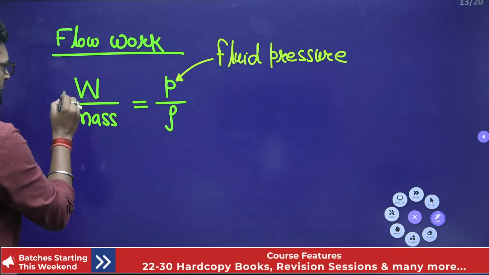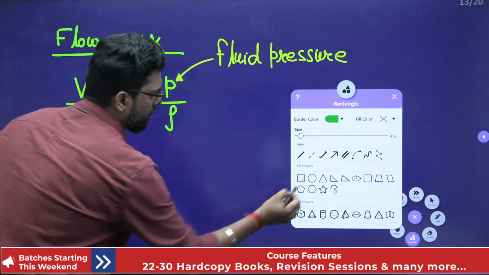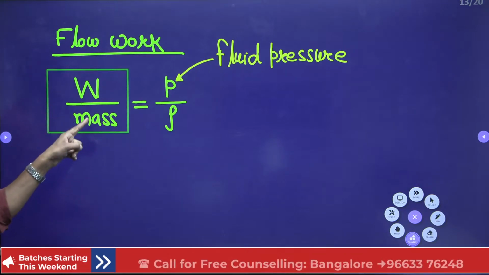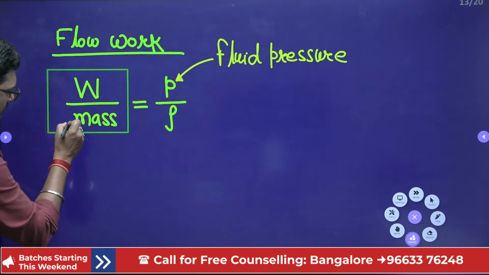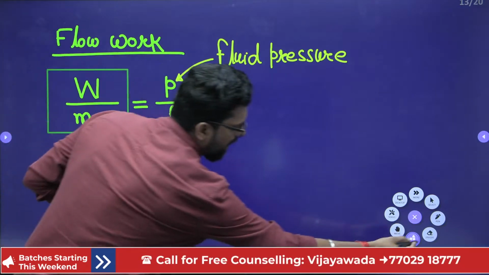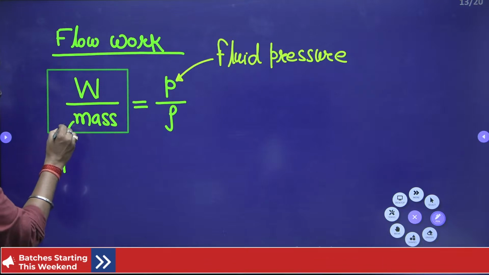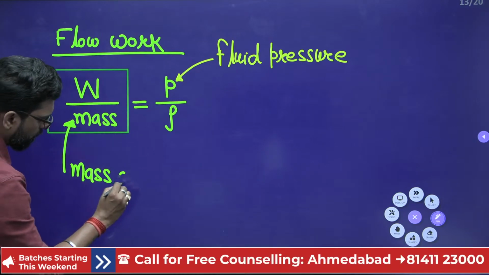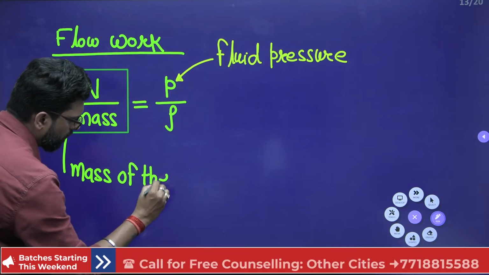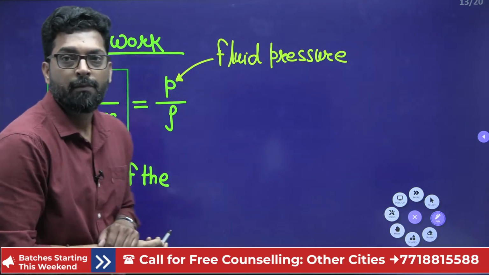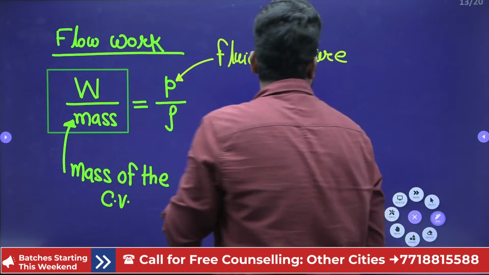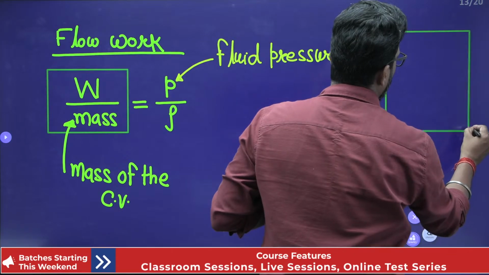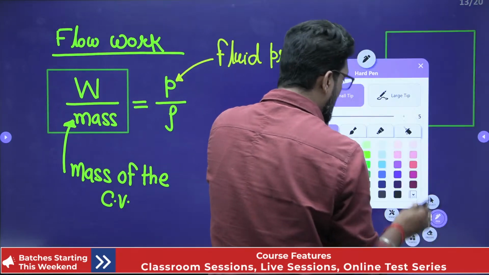And this is your flow work per unit mass basis, and this mass is the mass of the control volume. Now beta, one thing is very important here.